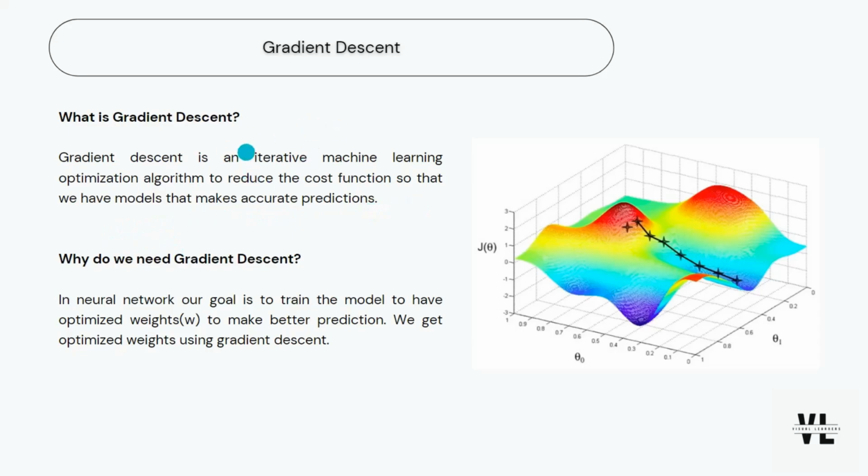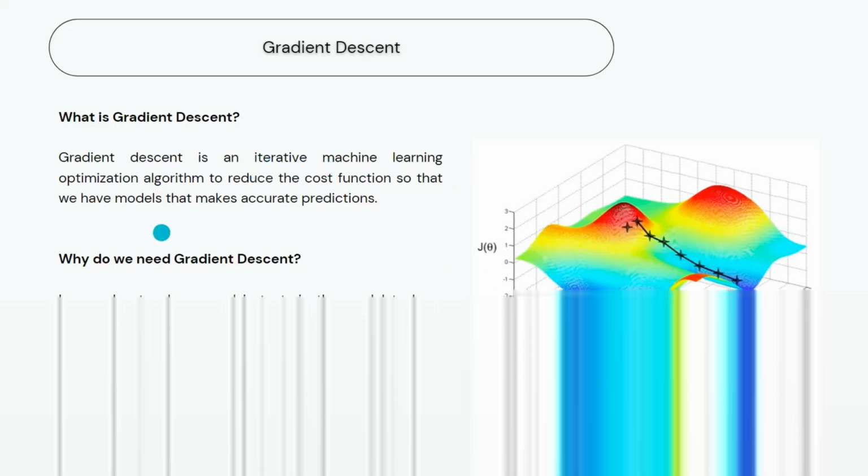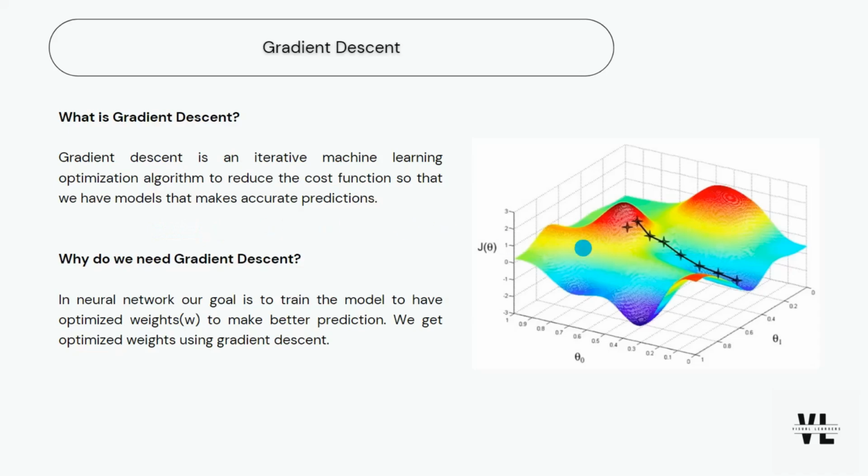It's iterative, so this is a keyword, which means that we are performing this for many iterations, and it helps us to reduce the cost function so that we can make accurate predictions. Why do we need gradient descent? In a neural network, our goal is to train the model to have optimized weights to make better predictions. We get optimized weights using gradient descent.